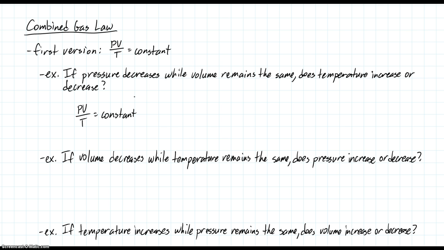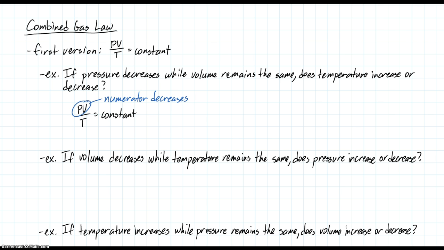So here, pressure is decreasing while volume remains the same. Putting that together, that means that the numerator decreases. The volume remains the same, the pressure has gone down, so their product must go down also.